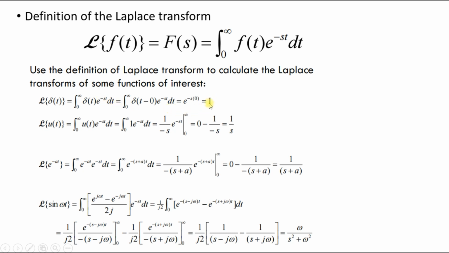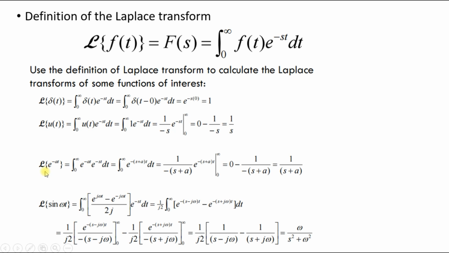This is the final Laplace transform of the impulse function. Similarly, the Laplace transform of the unit step function is equal to 1 by s. These are studied from basic mathematics, so I need not go in depth.